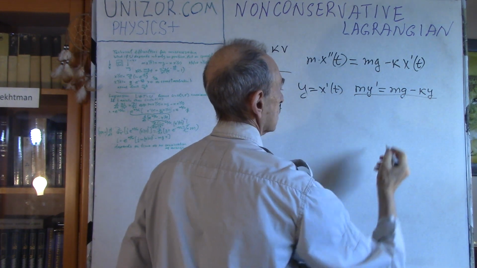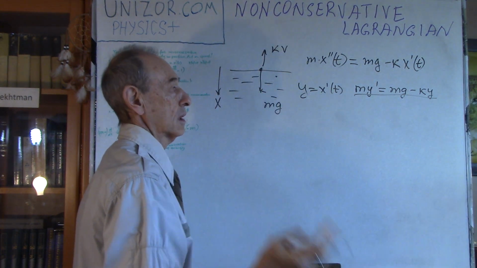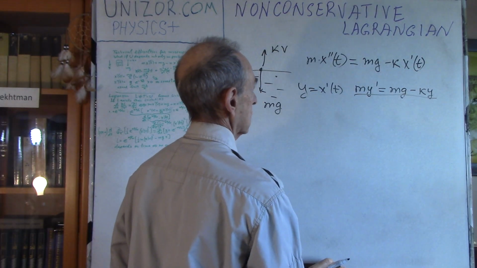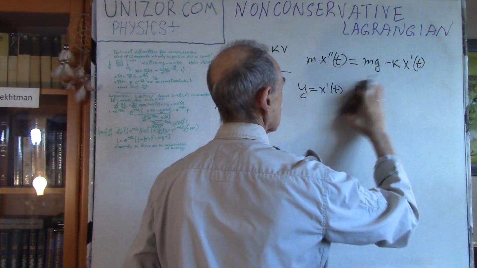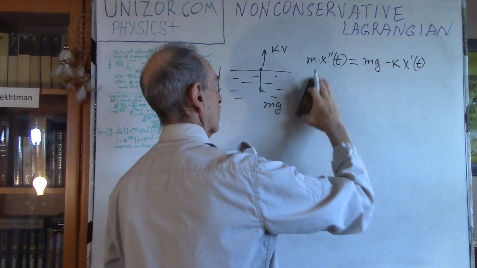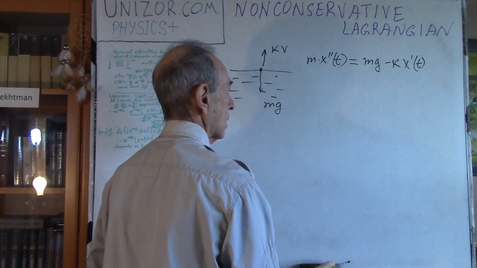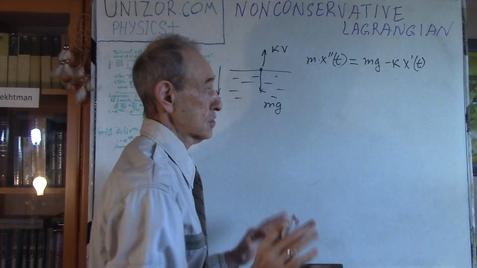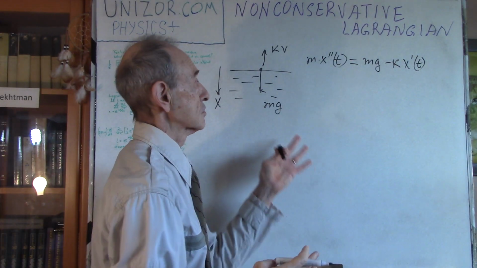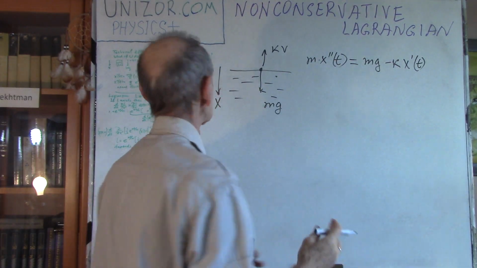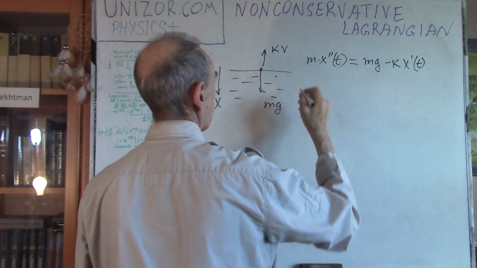This is a differential equation of the first order, relatively easy to solve, and I'm not going to do it. I'm going to write the result immediately, just for you to know that this differential equation has an interesting result. And what is the result?